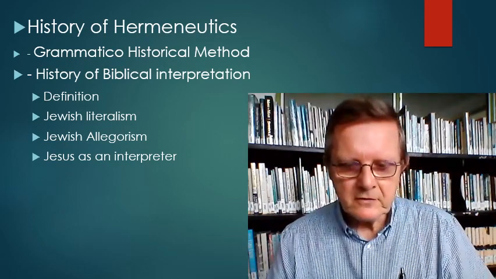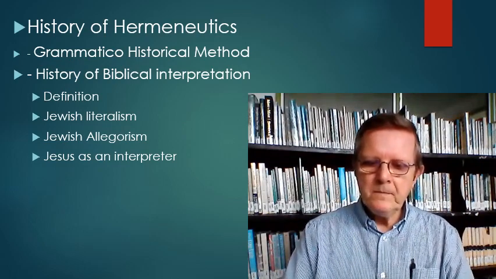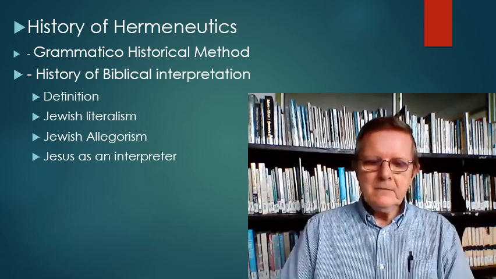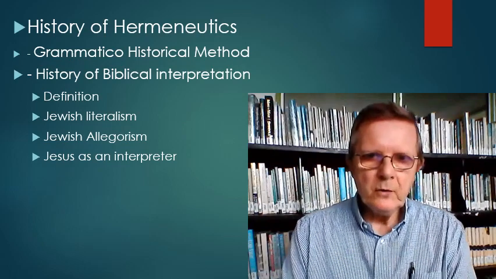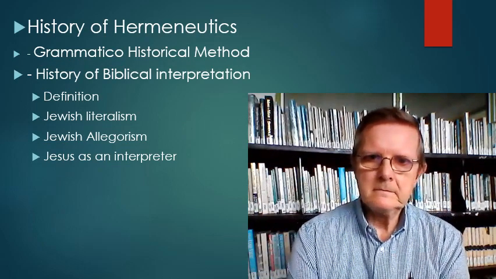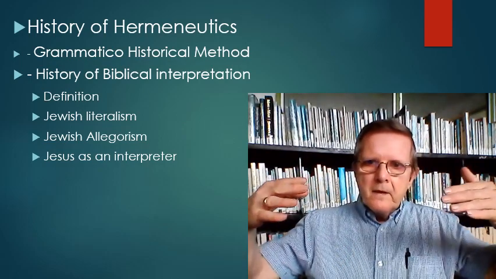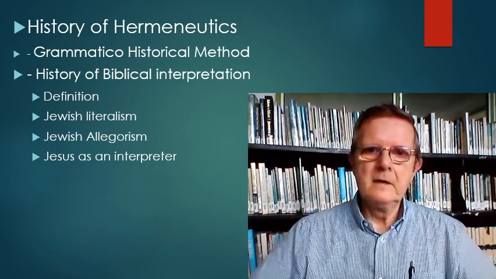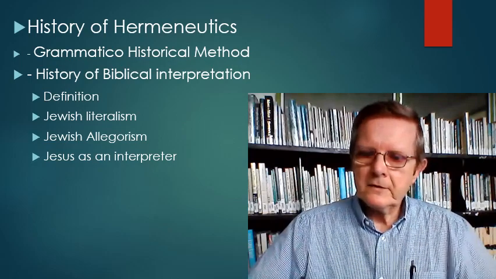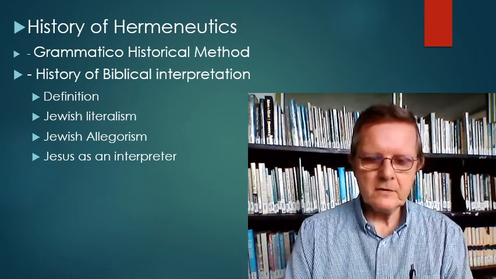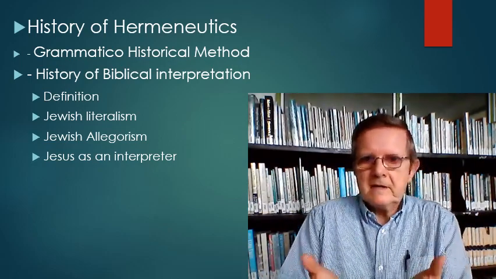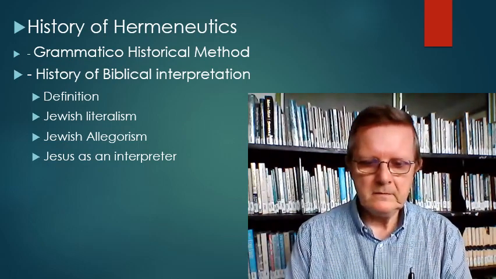Jesus' interpretation method was completely new as he explained the meaning of the Old Testament. People could not follow because they were so brainwashed by the scribes. And so his interpretation was at that time totally new.